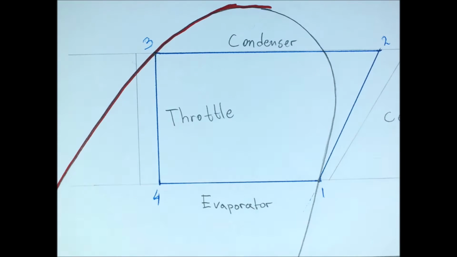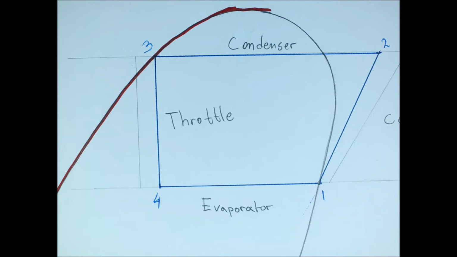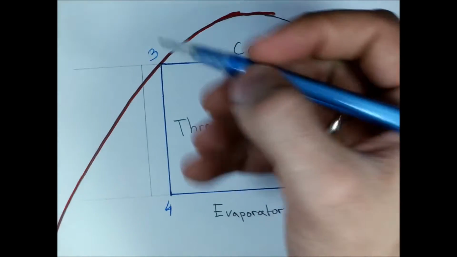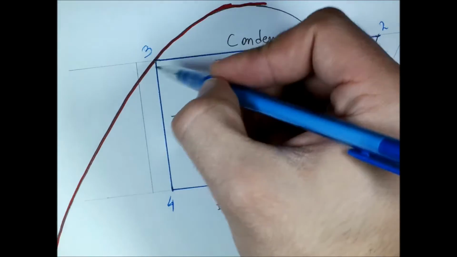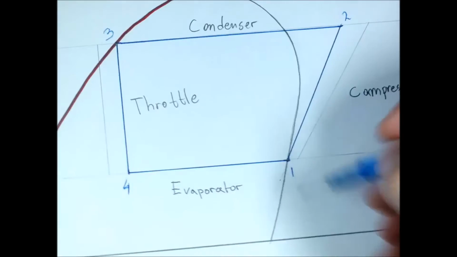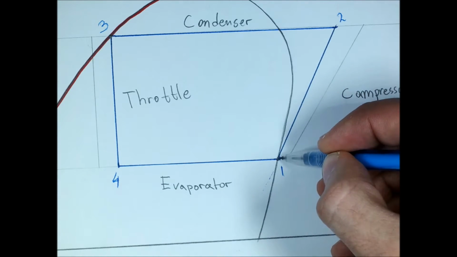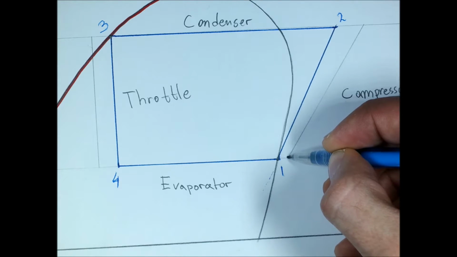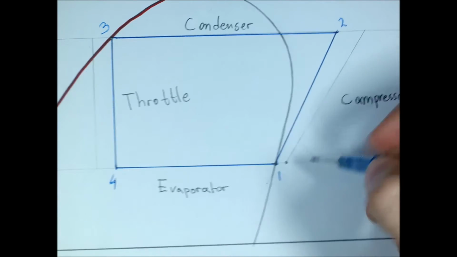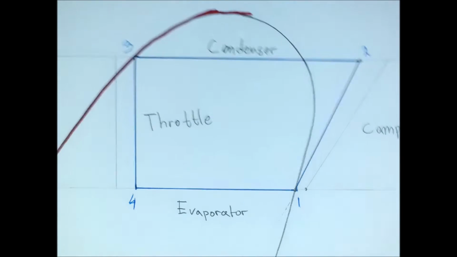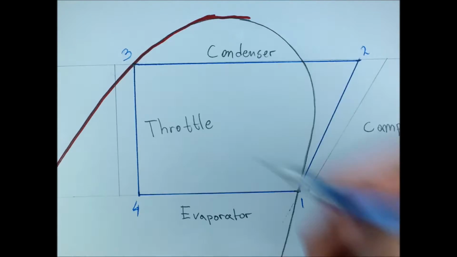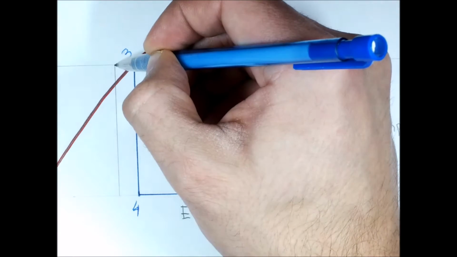Now, how are these incorrect in practice? For practical considerations, the vapor coming out of the evaporator is slightly superheated, i.e. it lies somewhere here, the enthalpy of the vapor, and the liquid coming out of the condenser is slightly subcooled, i.e. lying somewhere here.